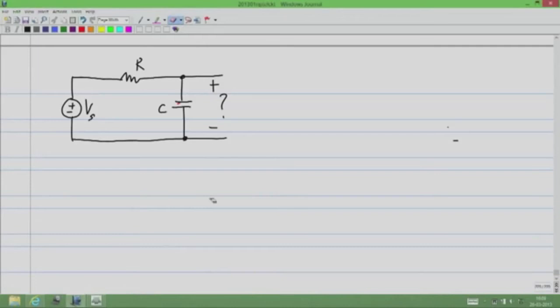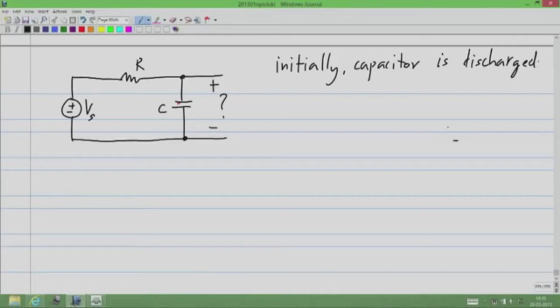Let's say initially the capacitor voltage is at 0, and the input is also 0.